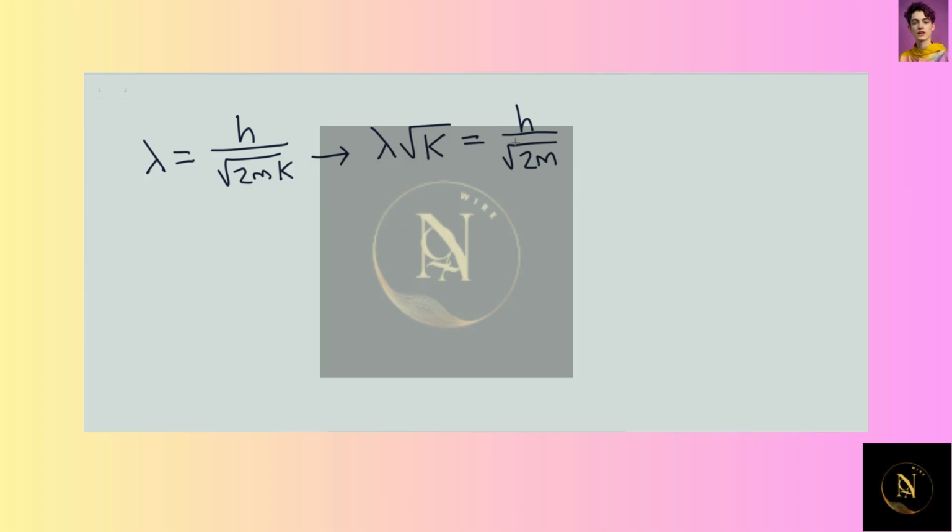Now, because we don't expect the mass of this particle to be changing, it's evident that the right-hand side is constant. Thus, the left-hand side also has to be constant, which means this product, lambda root K, is constant. Because it's constant, we can say that lambda 1 root K1 is equal to lambda 2 root K2.